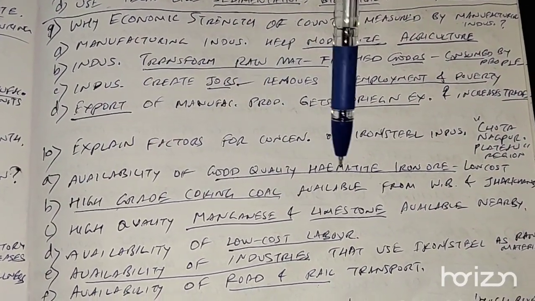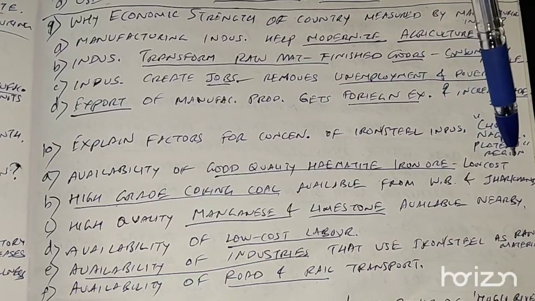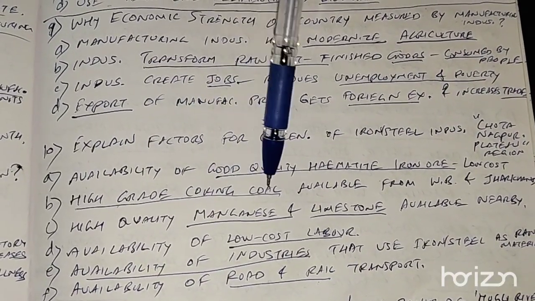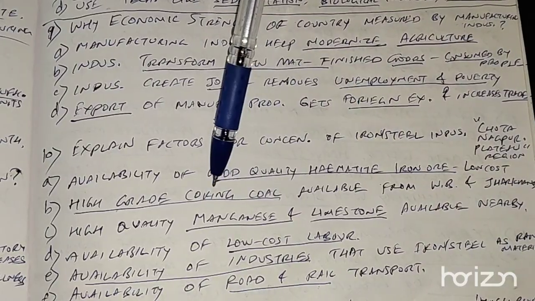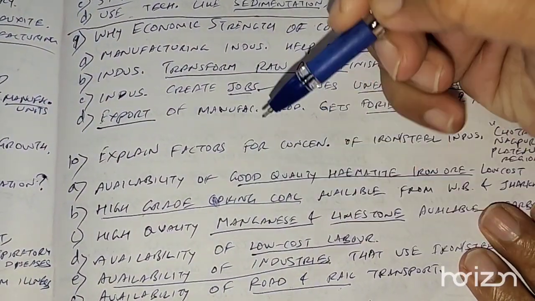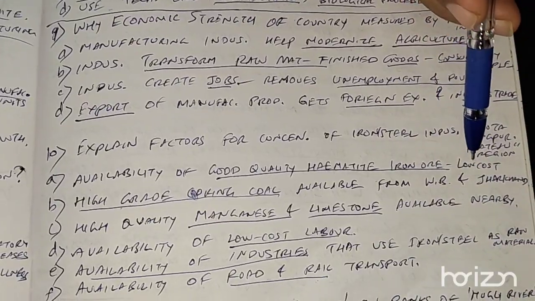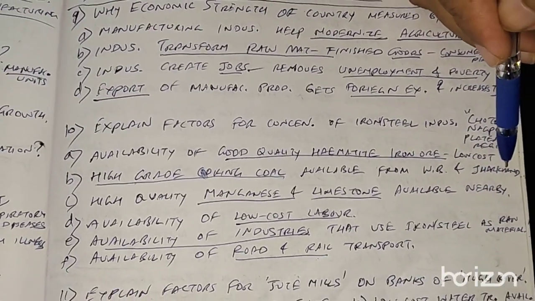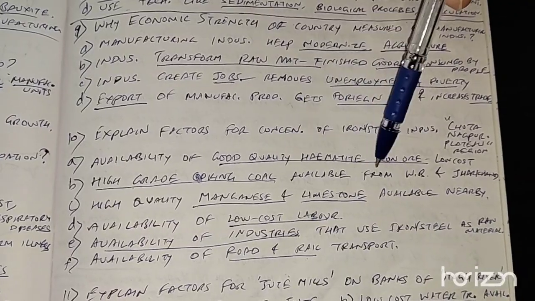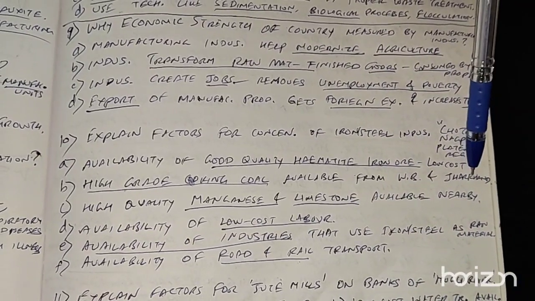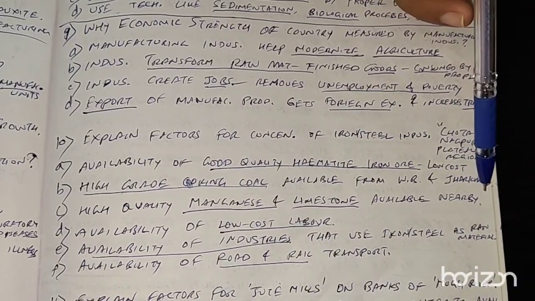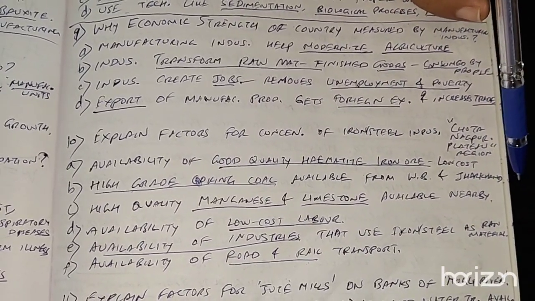See, availability of good quality hematite iron ore at low cost, and high grade cooking coal available from West Bengal and Jharkhand. So iron ore is available at low cost. Cooking coal is available from West Bengal and Jharkhand, which is nearby, and there is high quality manganese and limestone available nearby, which is used in steel production.